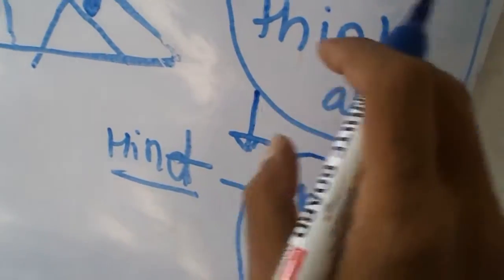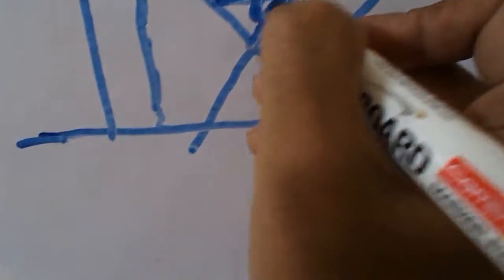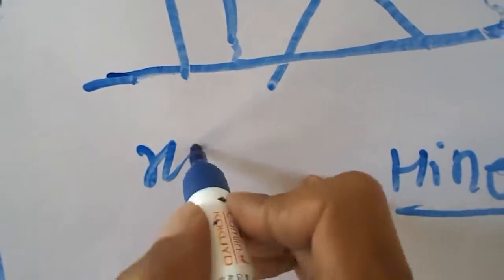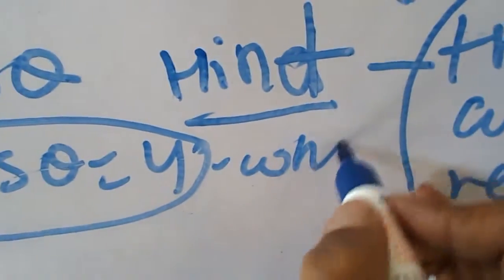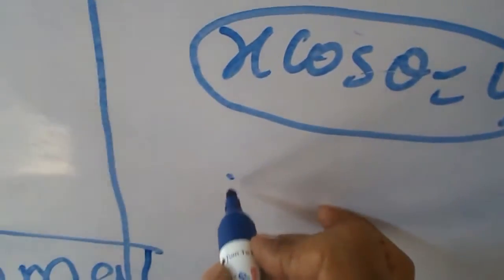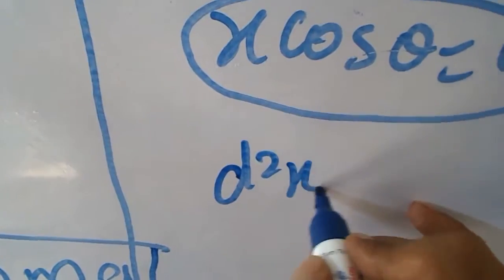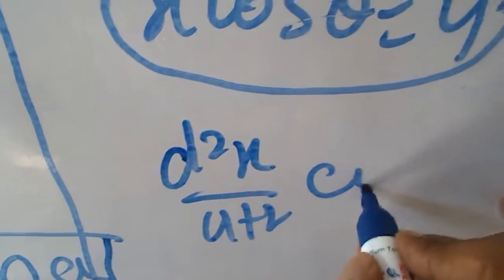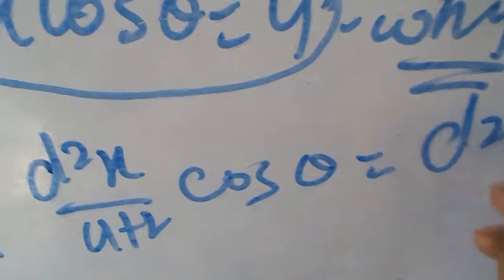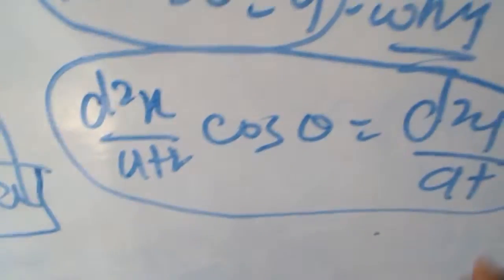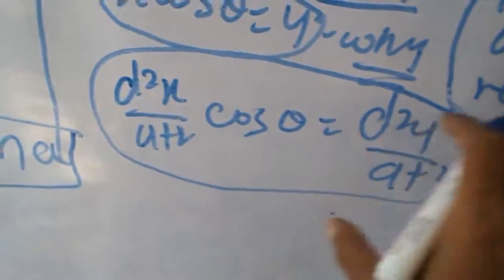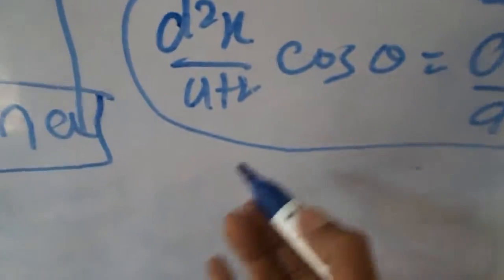Why, if it is not leaving the surface, should the component of x cos theta be equal to y? So what can I write? This is very simple to realize when you have done kinematics classes.